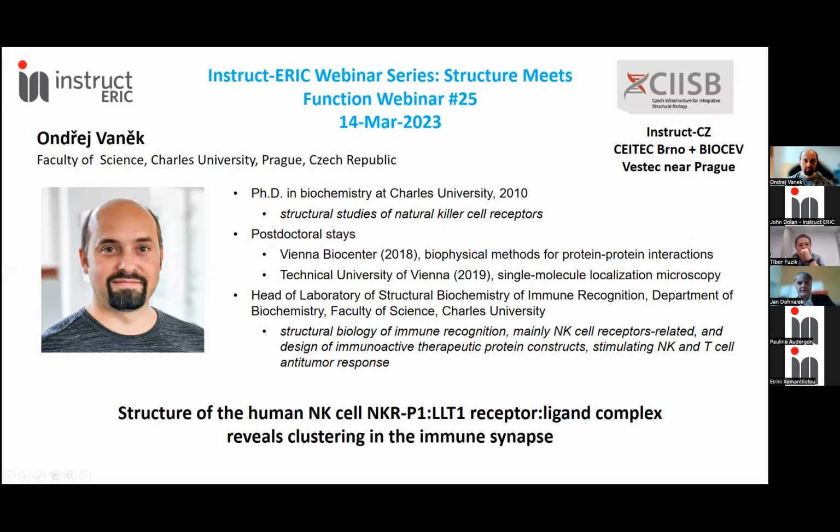He's currently the head of the Laboratory of Structural Biochemistry of Immune Recognition at the Department of Biochemistry, Faculty of Science, Charles University. I have collaborated with Ondřej, and I know he's been working a lot in the area of structural biology of immune recognition, NK cell receptors, and also recently he's involved in the design of immunoactive therapeutic protein constructs, as it says here.